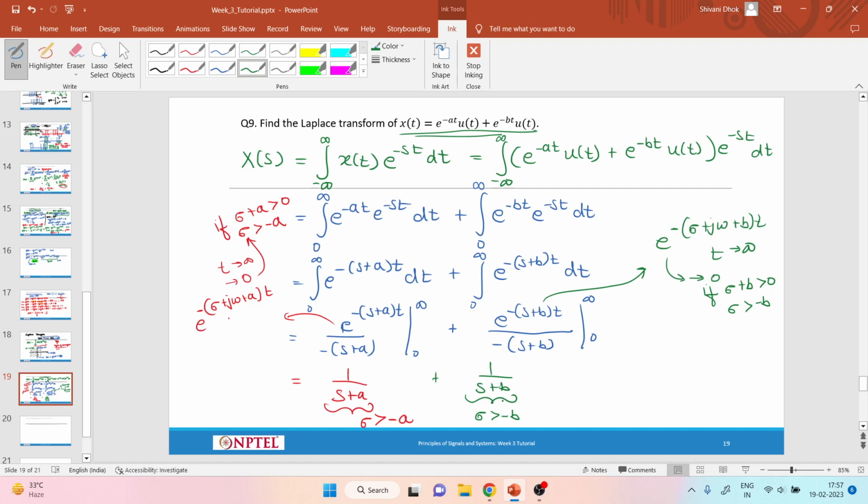Then the entire Laplace transform, that is this x of s, will converge only when these two things are simultaneously converging. That is, your sigma should be greater than minus a and your sigma should be greater than minus b. That is, your sigma should be greater than max of minus a, minus b. This is your region of convergence that you are getting.